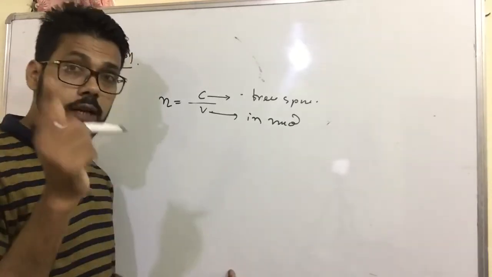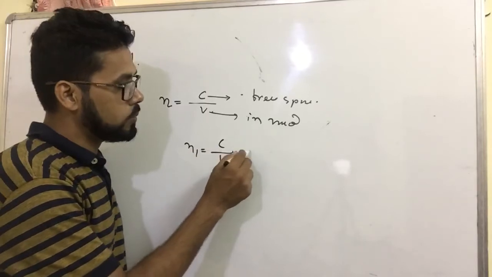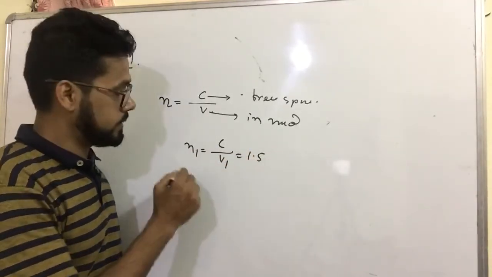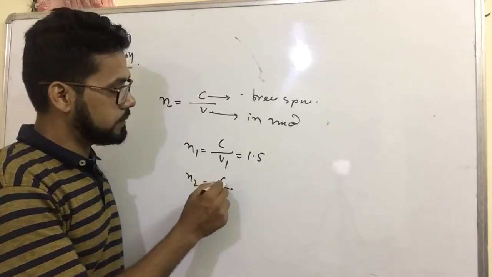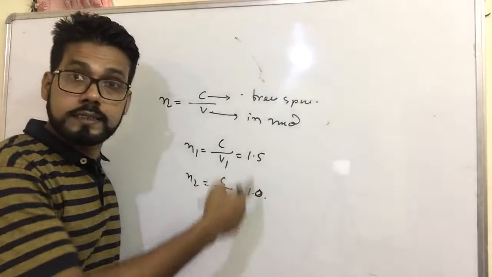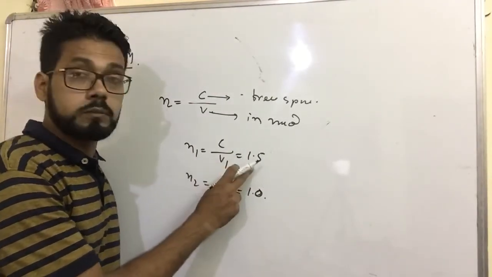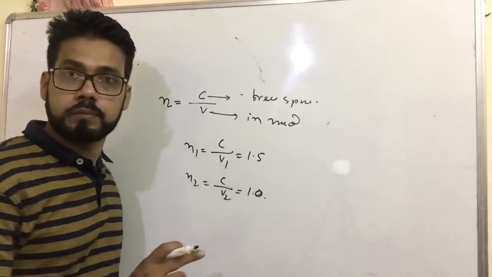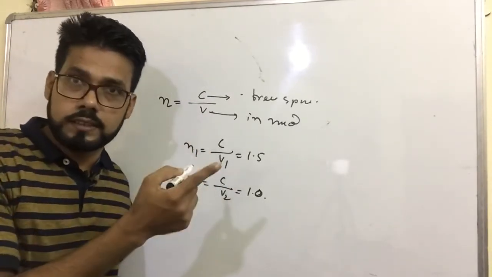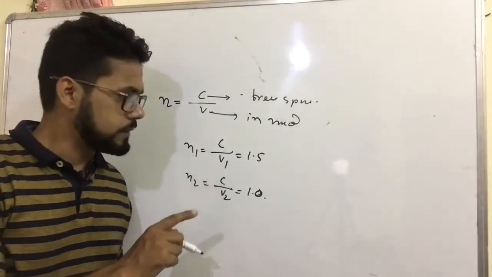One example you can understand. One refractive index C by V1 equal to 1.5, suppose glass, and another refractive index C by V2 equal to 1. Here C is in the numerator, C is a constant, 3 into 10 to the power 8 meter per second, and here C is also constant.